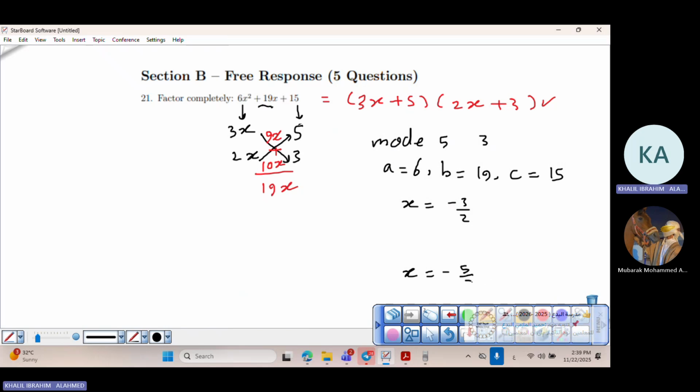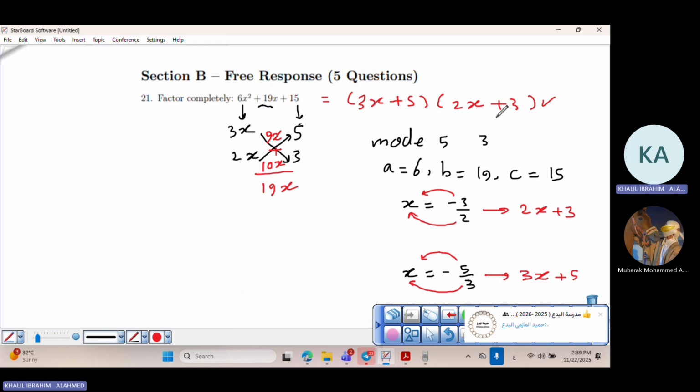How to solve this equation? How to write this? Just move to the other side and multiply by 2. And here multiply by 3 and move to the other side. This becomes 2x plus 3, and this becomes 3x plus 5.